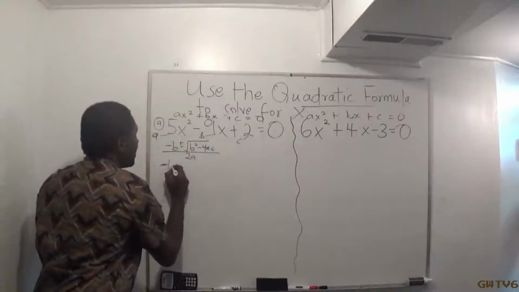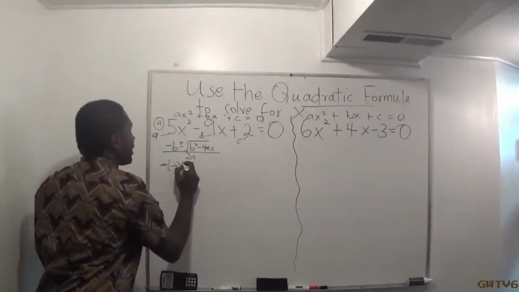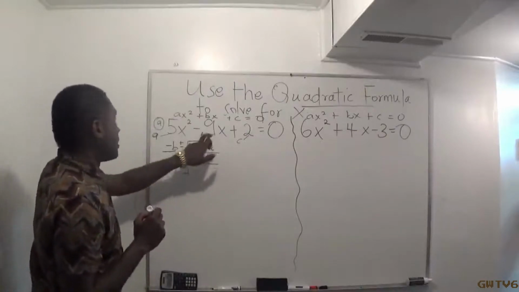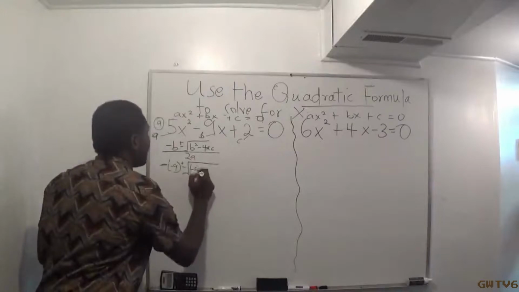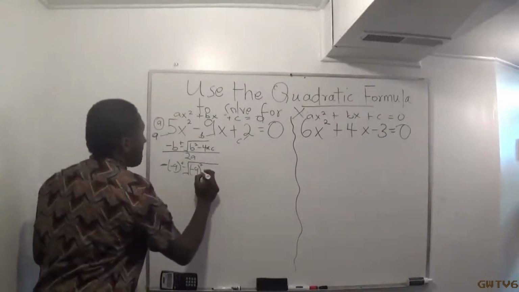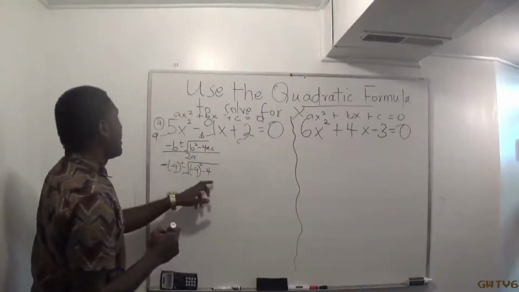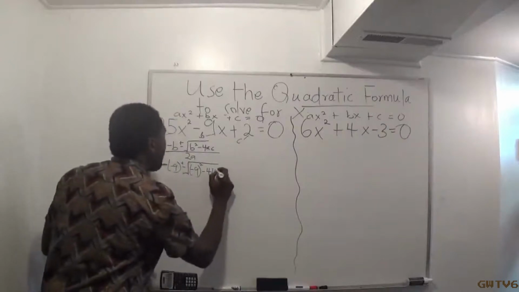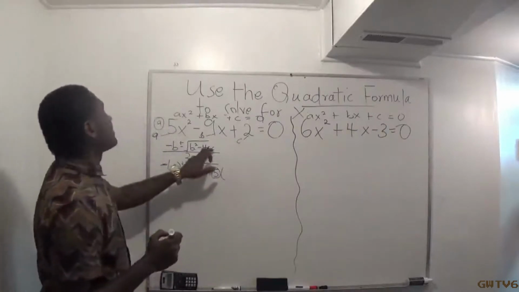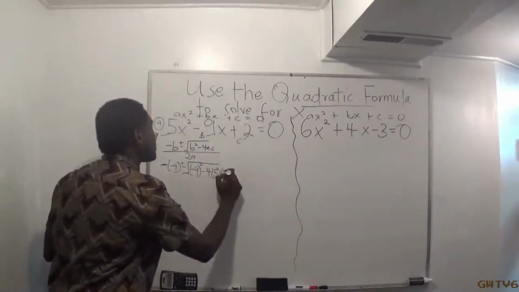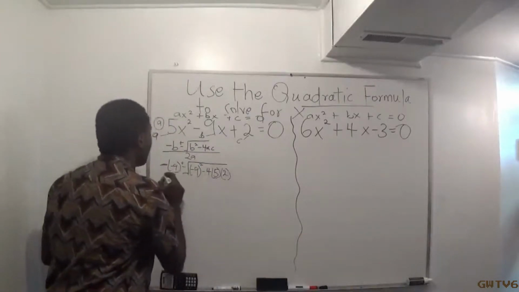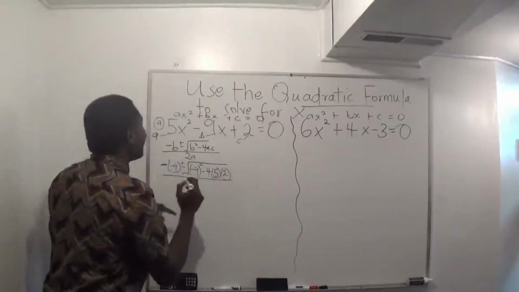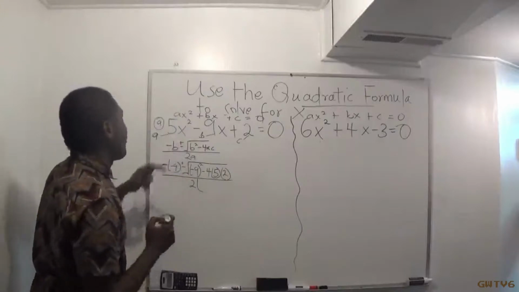Then plus or minus the square root of b squared, and b again is negative 9, so negative 9 squared minus 4, and a is a positive 5, and c is a positive 2. The whole thing is over 2, and a again is a positive 5.